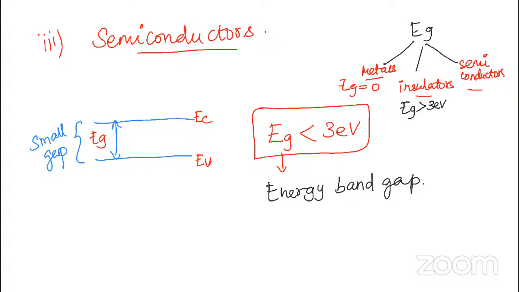And here the Eg value is less than 3 electron volt. Okay. Right. Up to this clear?